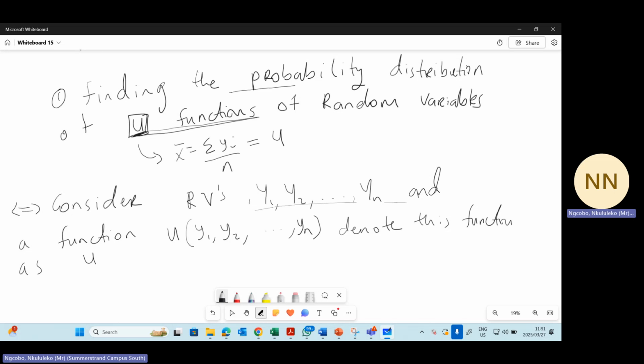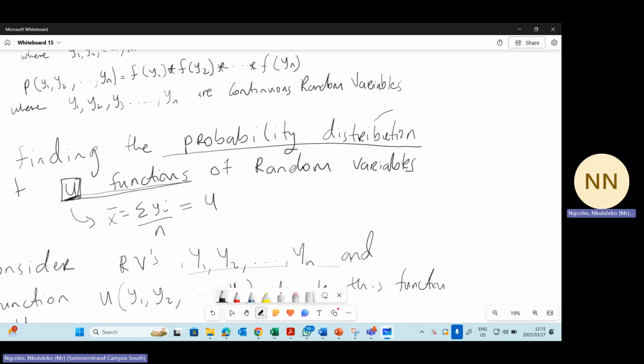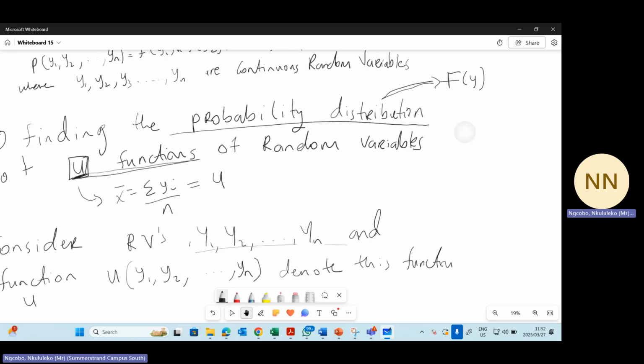So we're trying to find what? The probability distribution. Remember, what is a probability distribution? From chapter 4, the distribution is capital letter F of y, right? But now we're not speaking about just one variable y, but about a function which is subjected to these y variables.